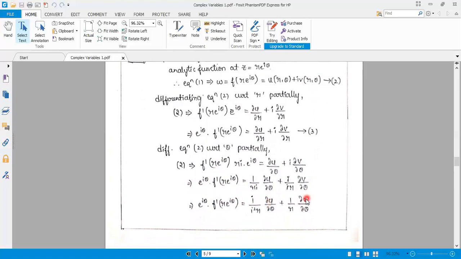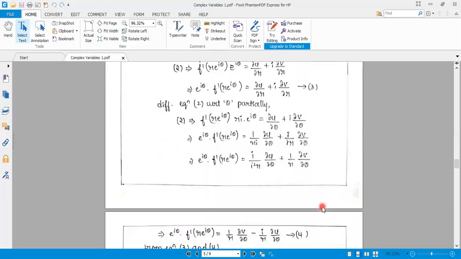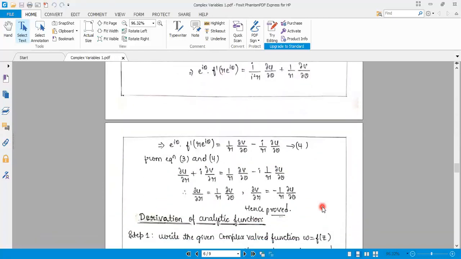So you can divide both sides. So we obtain e power i theta into f dash of r e power i theta equals, so i and i get cancelled, 1 by r dou u by dou theta plus 1 by r dou v by dou theta. You can call it equation 4.